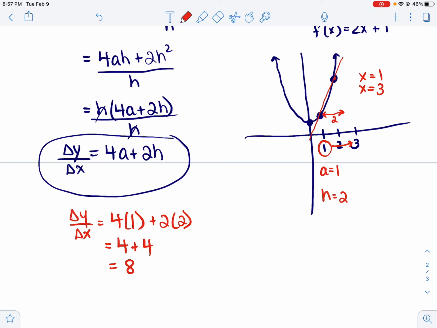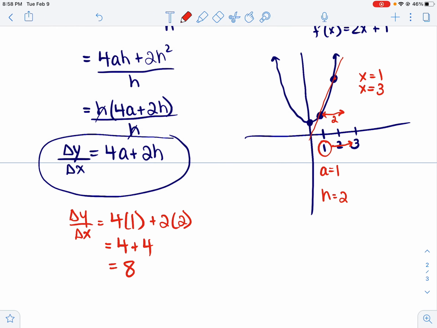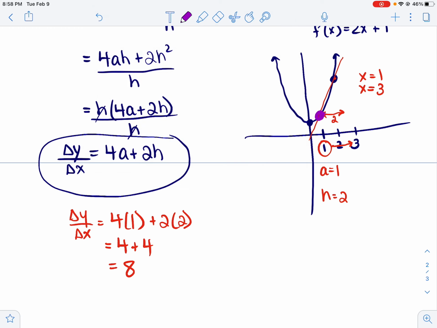And I can use this formula to estimate the instantaneous rate of change. And to do that, I'm just picking smaller and smaller values for h. So let's say I wanted to estimate the instantaneous rate of change at x equals 1. If I want to estimate the instantaneous rate of change right there, that means I'm looking for the slope of the tangent.